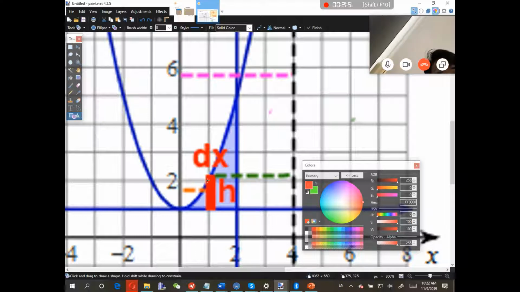That height is my difference between our two y values. So that's x squared plus 1, or y2, and y equals 1, y1.